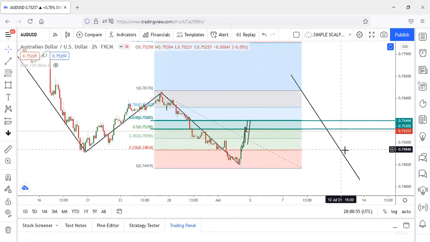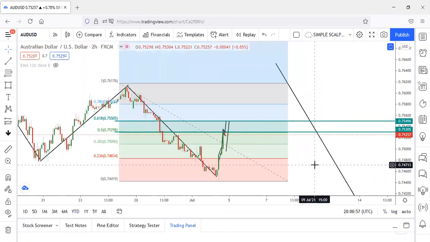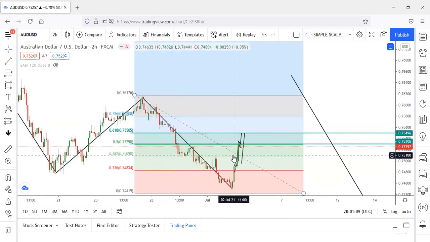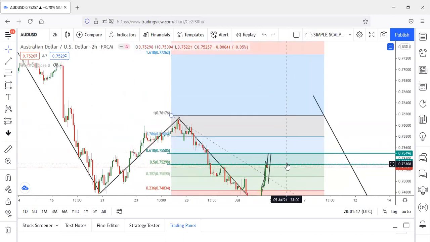But take note, guys, once the market opens by 10 p.m. Nigerian time in the next hour, between now and tomorrow morning or afternoon, take a look at this level on AUD/USD at 0.7549, which is 61.8. Price is going to react to that level.